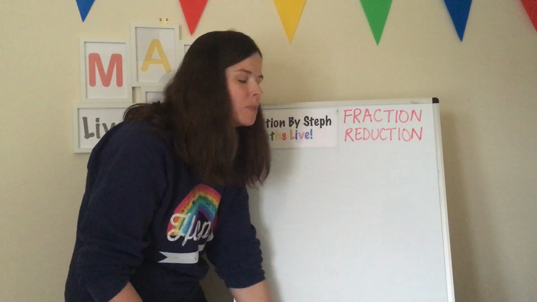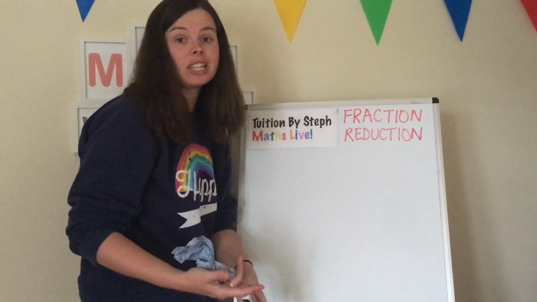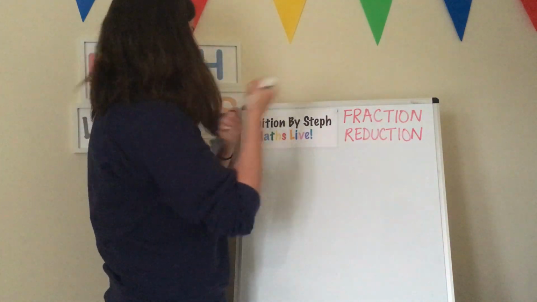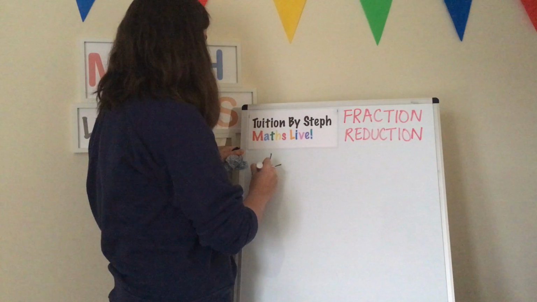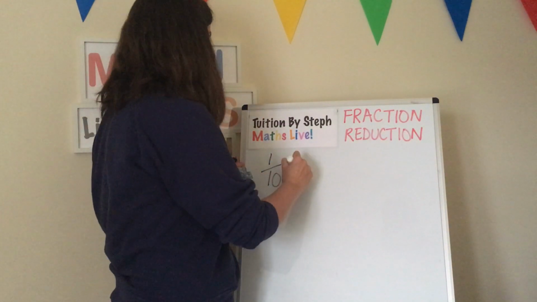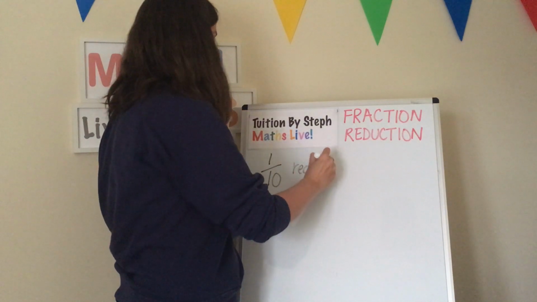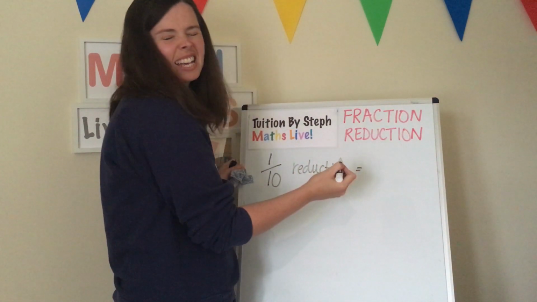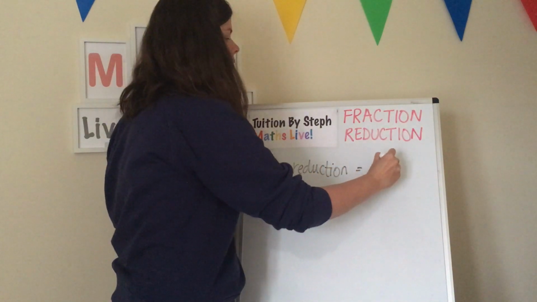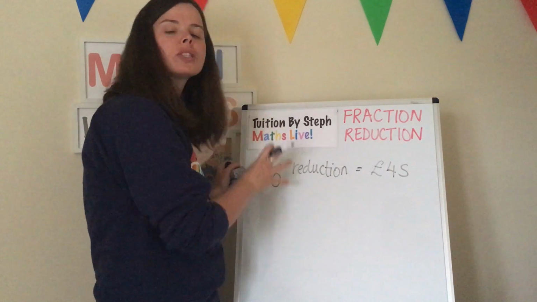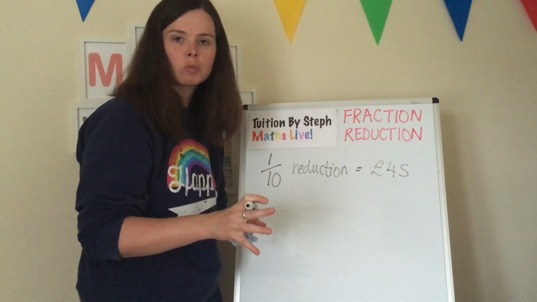When you're doing a percentage reduction, you actually need to use a calculator, but I want to focus on the fraction reduction. So you get a 1/10 off your price of a family group to go swimming. So there's a 1/10 reduction, and your new price is, let's say, £45. So if you had a 1/10 reduction, what was the original price for going swimming?